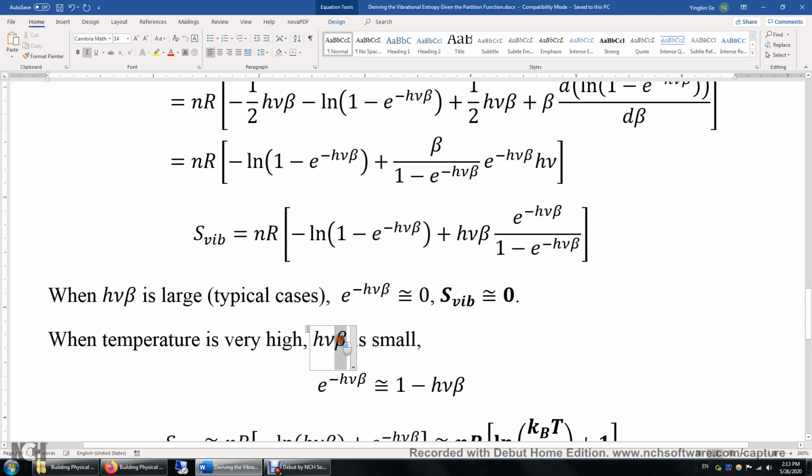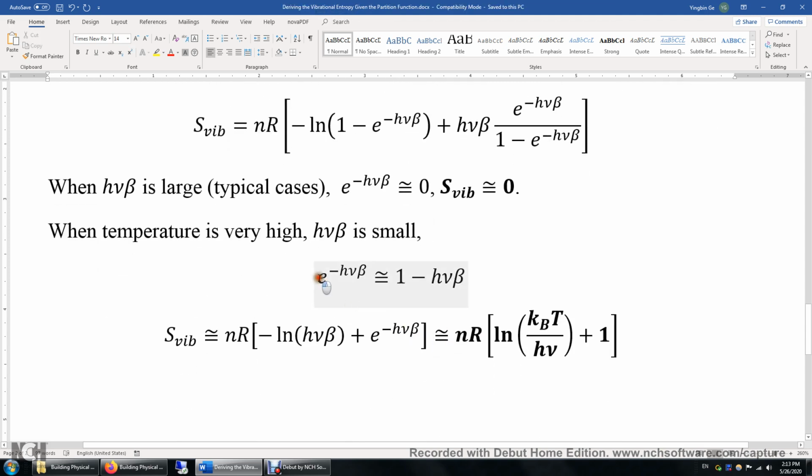And also, if the temperature is high enough, then we can have a small h nu beta. In this case, we can expand this exponential function to 1 minus h nu beta. This is the so-called Maclaurin expansion or Taylor expansion.